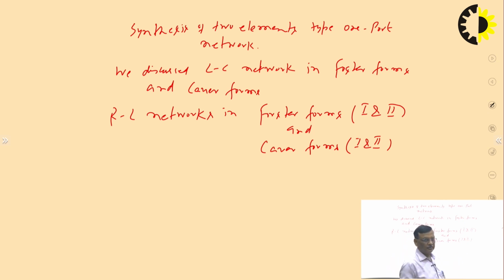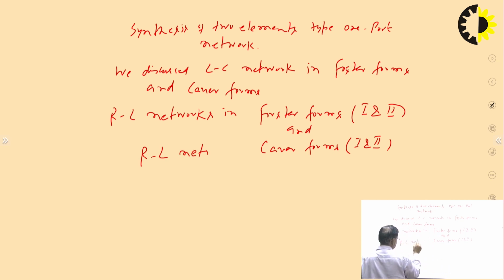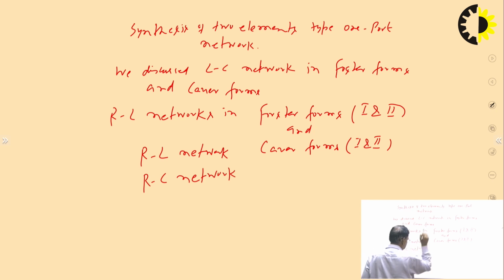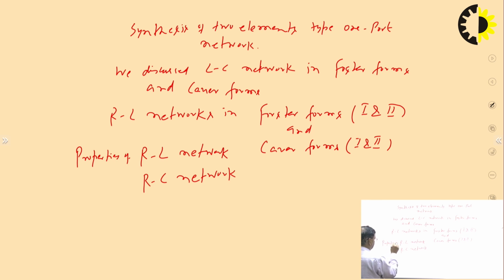So, before going for the synthesis of the network, we will discuss the properties for a RL network, and if time permits we will discuss the RC network. Okay. So, first we will discuss the properties of RL network or RC network.